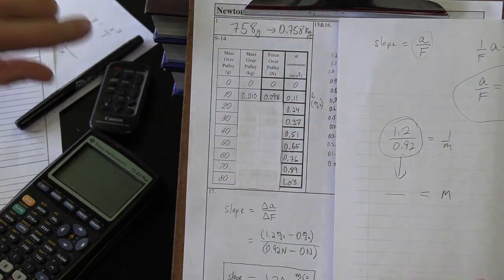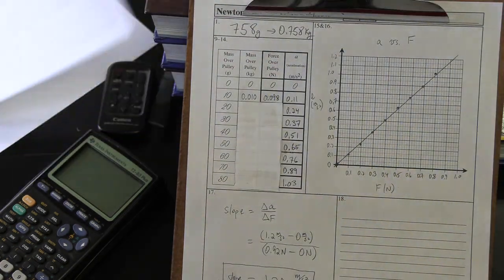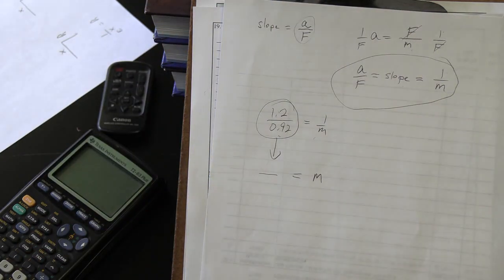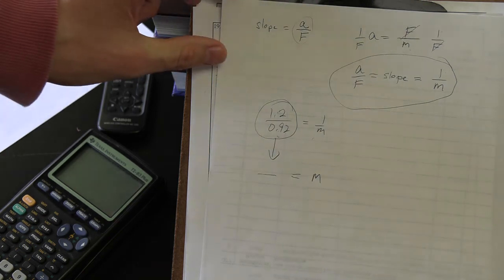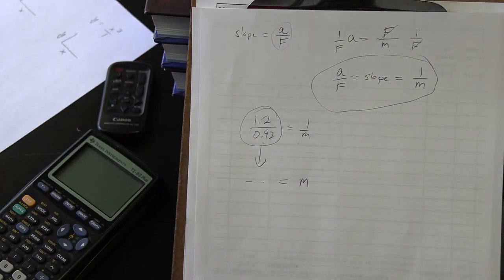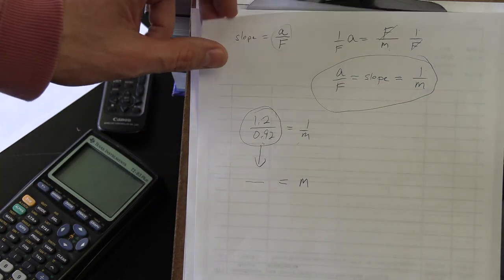That's what you do in this box, number 20, again. With your two numbers, figure out the mass, calculate it, and show the calculation and put it in that box. Divide it out, and give me the kilograms. So that's number 20.